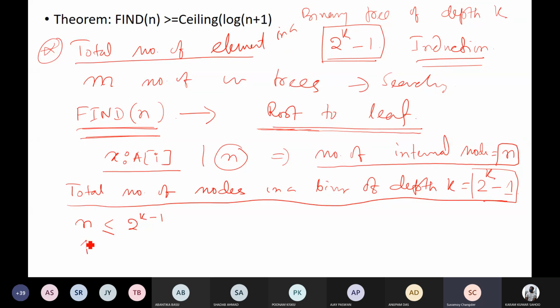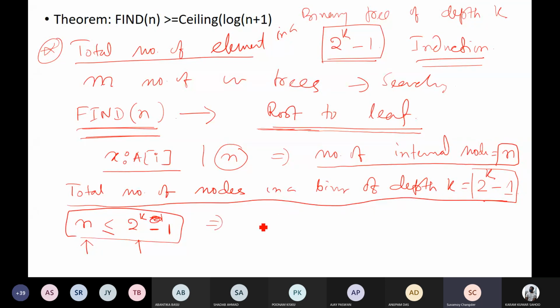n is the total number of elements and 2 to the power k minus 1 is the total number of nodes at level k or less. Okay. So we can write n is less than or equal to 2 to the power k minus 1.